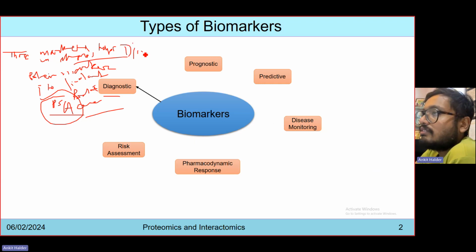So that is known as your diagnostic marker.